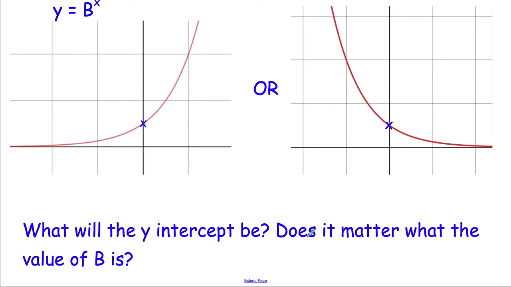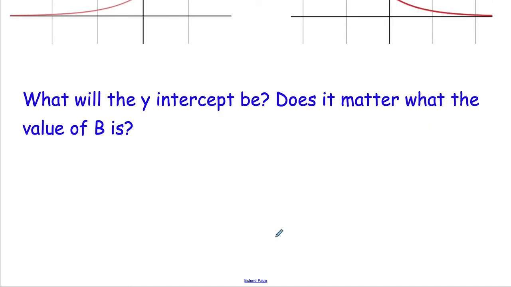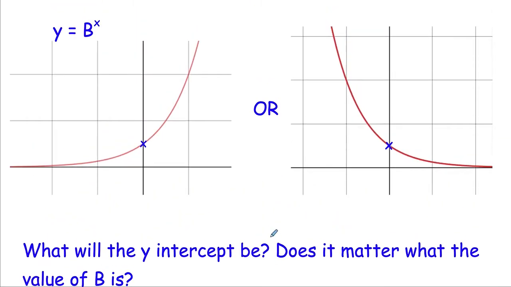What is that value? Well, that's the y-intercept, and the y-intercept happens when x is equal to 0. And if we substitute 0 into our function here, b to the power of 0, no matter what value b is, is always 1. So exponential functions always go through the y-intercept at 1.